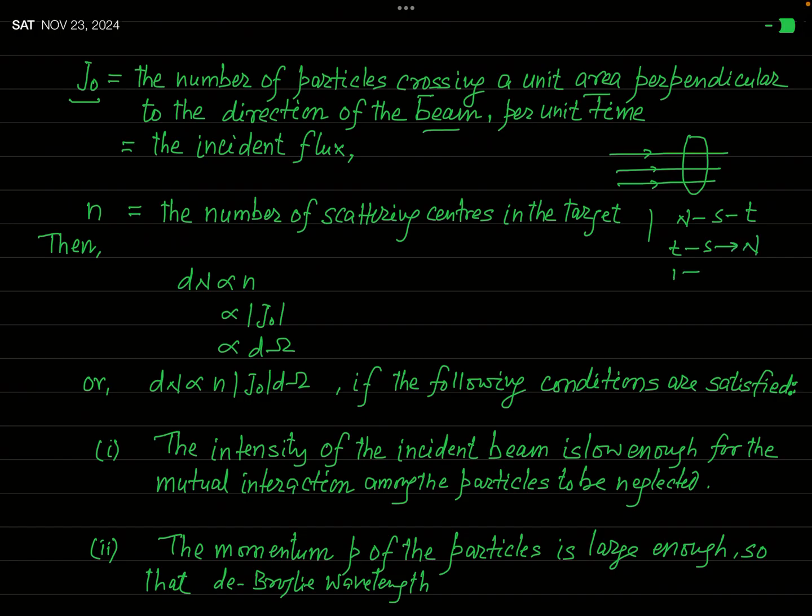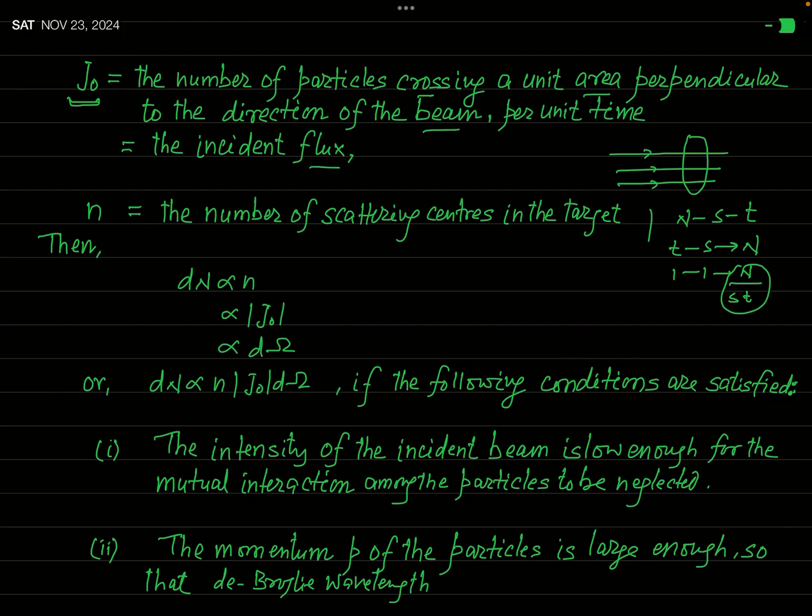So in unit time through unit area, the number of particles passing will be n divided by S times t. This n divided by S times t is denoted by the symbol J0, and it is called the incident flux.